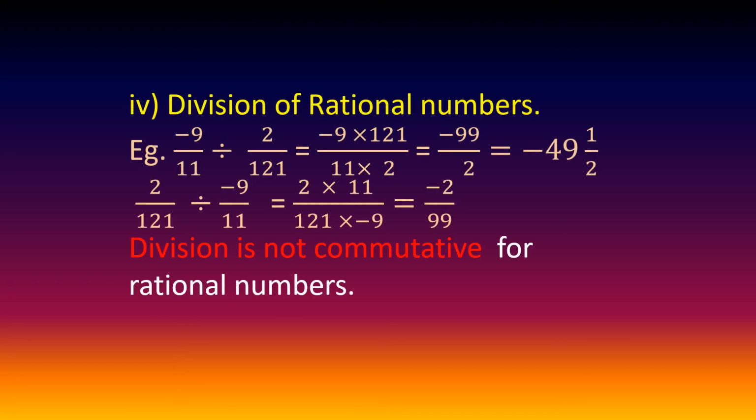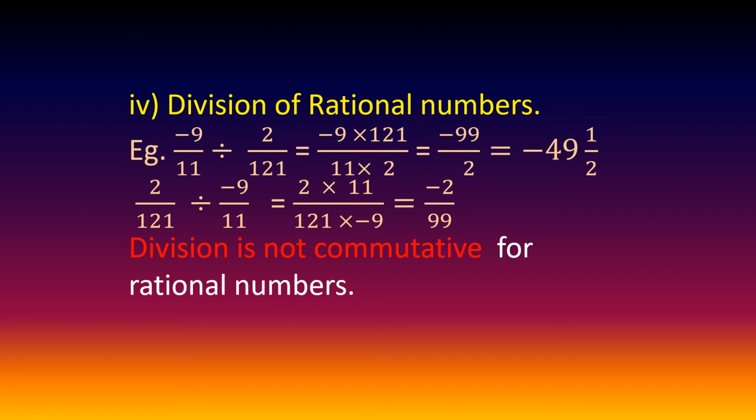Let us check for the division of rational numbers. For example, negative 9 by 11 divided by 2 by 121. That is the same as negative 9 by 11 into 121 by 2. On simplifying, we get the answer as negative 99 by 2, which is the same as negative 49 1 by 2. In the next case, we have reversed the order.